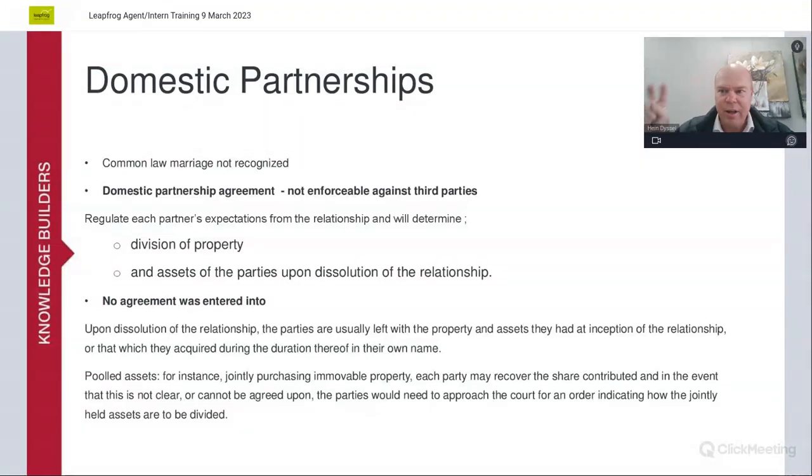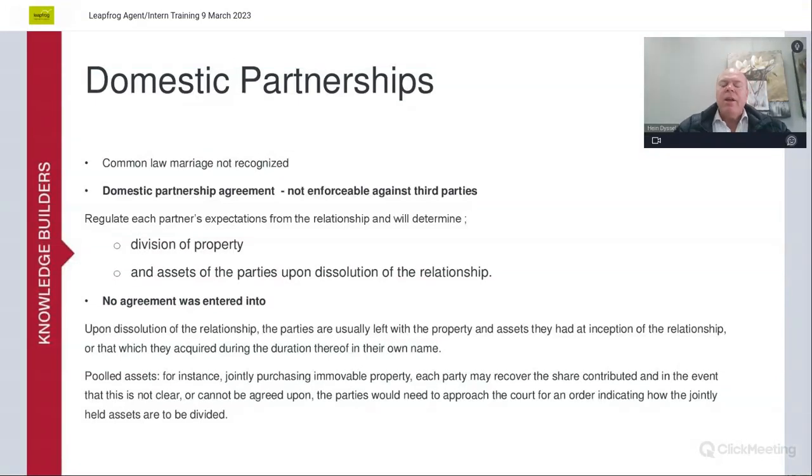We are not going to get divorced, there won't be a divorce order, because we're not husband and wife. So we've got to enter into an agreement to say what will happen with the property. What assets are yours? What assets are mine? What assets do we own jointly? And how are we going to split those assets when the partnership breaks up?